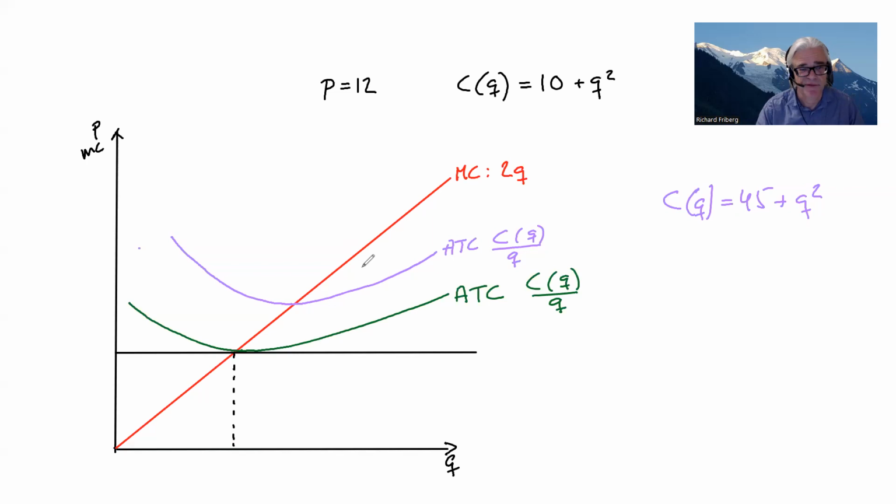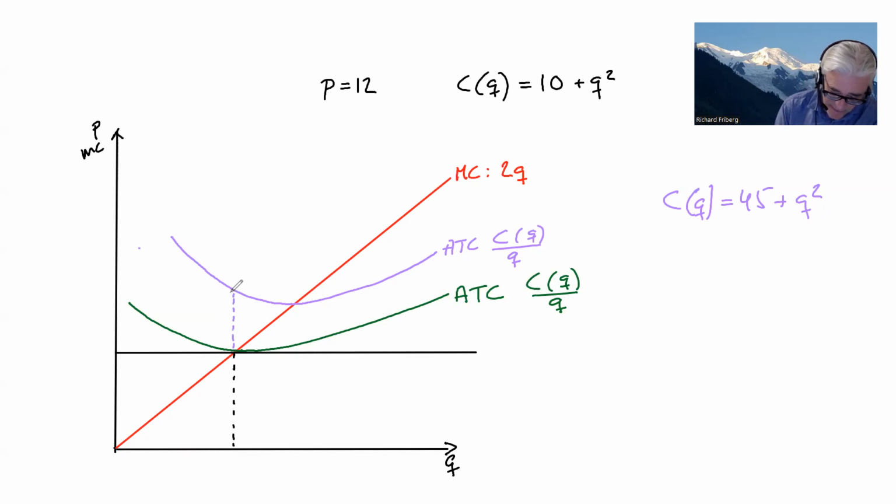So if we want to see if the firm is making a profit or a loss at this point, we'd say, well, what's the optimal quantity? It could be zero, could be that you're not producing at all. But if you're producing, the optimal quantity will always be given, for a price-taking firm, by the point where price meets the marginal cost. So it will be given by this point. But what are now average total costs at this quantity? Well, they're not given by the green average total cost curve.